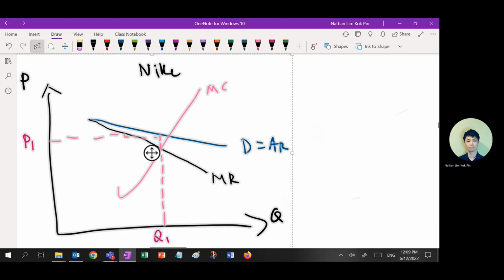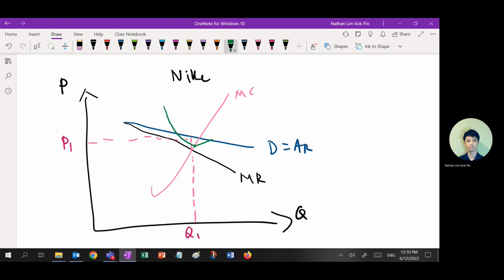Below where? Touch the MC here below, then go up. It must be the minimum point. I say you touch the MC, then you go up. Touch MC, go up when you draw a C curve. Remember that. Go down first, AC curve, draw, go down, touch MC, then go up. Then confirm that one will be the minimum point.